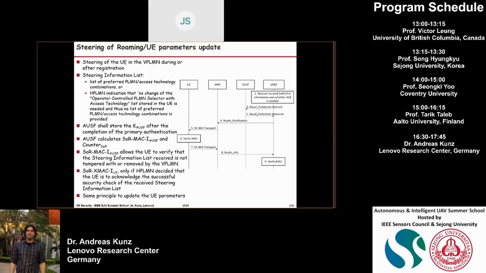the operator wants to change the list of preferred PLMNs or access technology combinations, and then it may be that the PLMN where the UE is currently trying to register is not one of the preferred ones. So the UE would basically deregister and try to register to a different PLMN afterwards, which is, of course, not in favor of the currently serving PLMN.